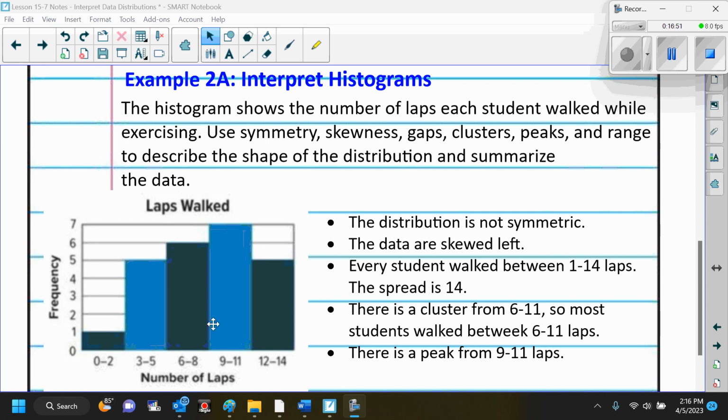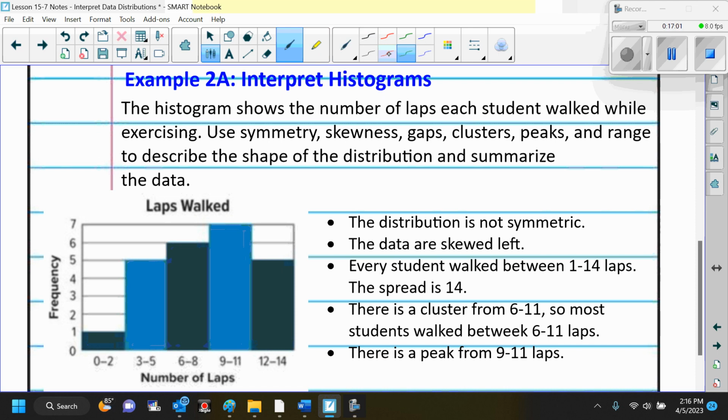So this data is not symmetric. The data is skewed left. Now, I'm going to tell you it's very tight here, but most of the data is on the right and it trails off right there. So this is skewed left.